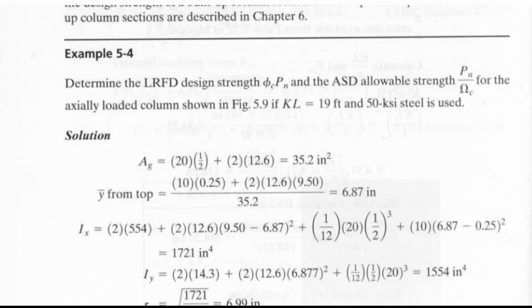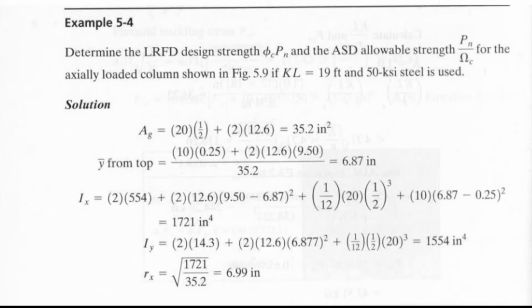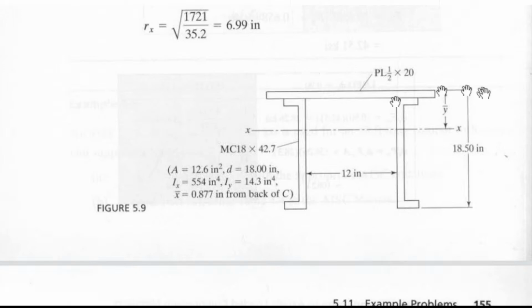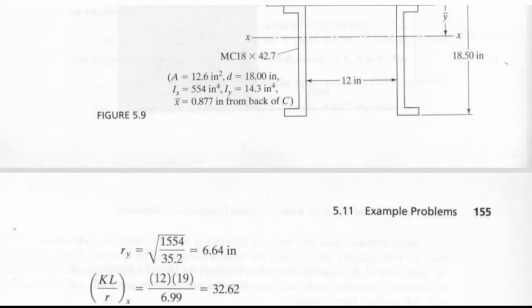Determine the design and allowable strength for this figure, which is a built-up one. The problem here is to determine the case. What is the case here? You have to use B from this point to this point. That depends really on the shape of the section. That is a built-up section.